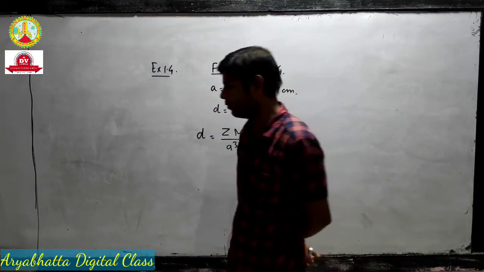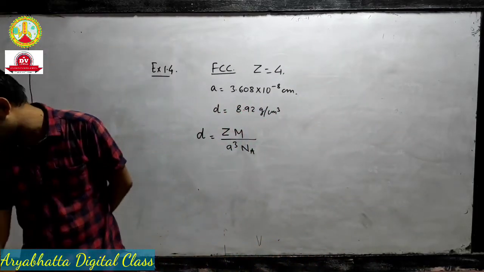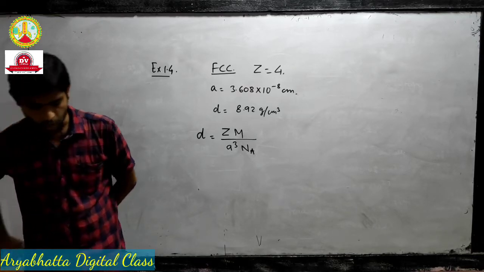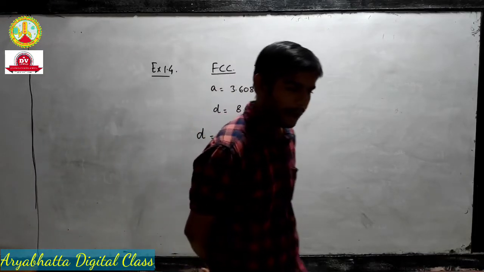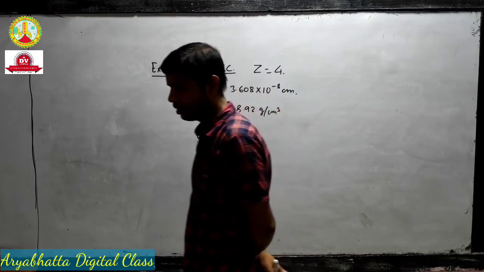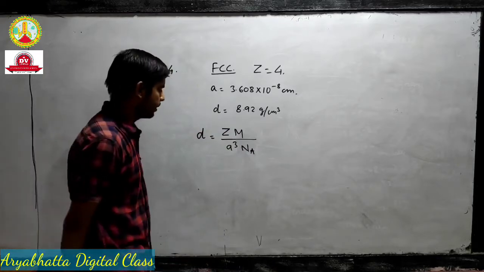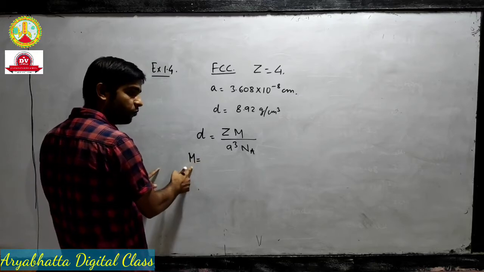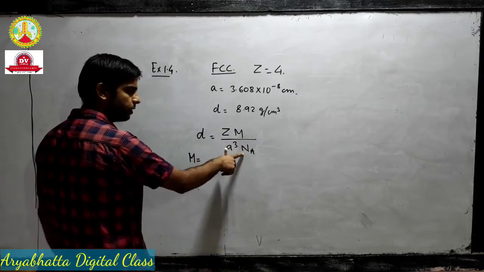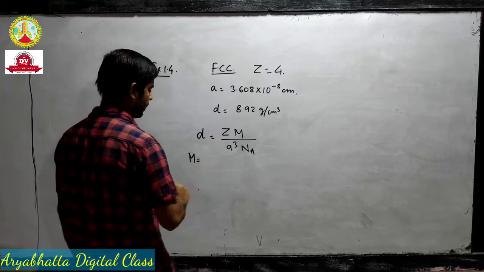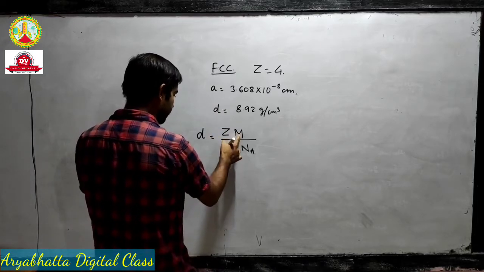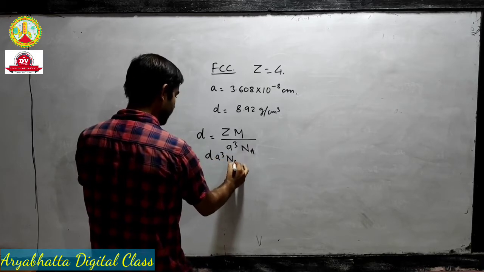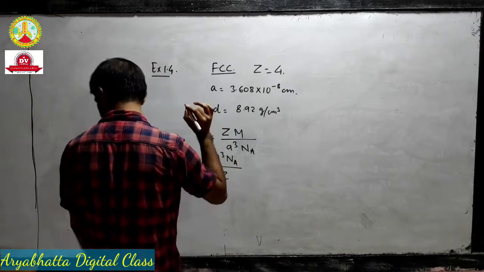What we want to calculate is the atomic mass of copper. Here we will calculate M, but M will be the molar mass. Mind it, since we are using Na, it is the molar mass. So if I take out M, we will get d a cube Na divided by Z.